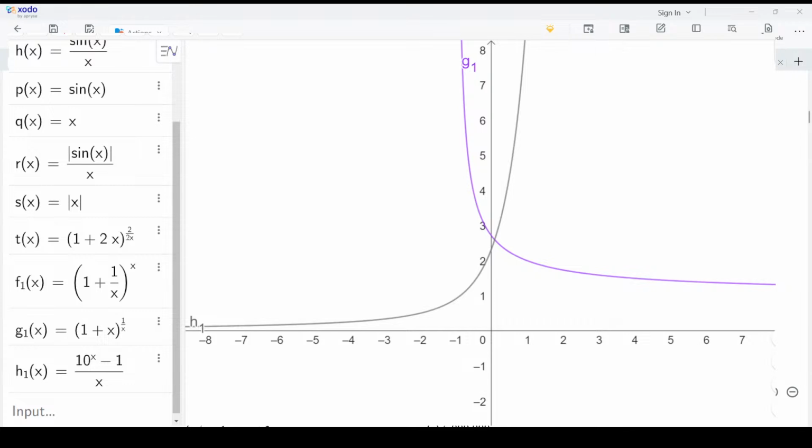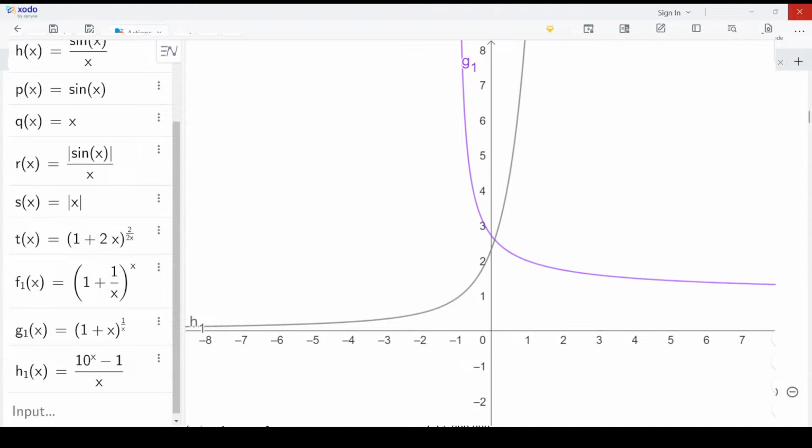X power 10 gives 10x power 9, that is fine, but 10 power x is not x into 10 power x minus 1. It is 10 power x ln 10. How do we get this? We take logarithms on both sides, differentiate both sides, and then express y dash in terms of y. Okay?